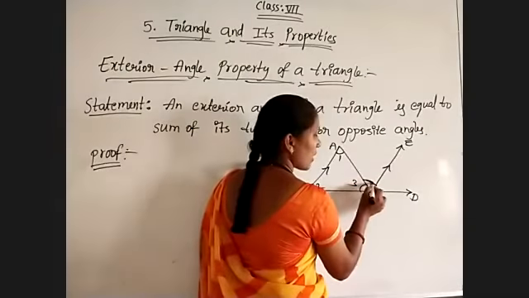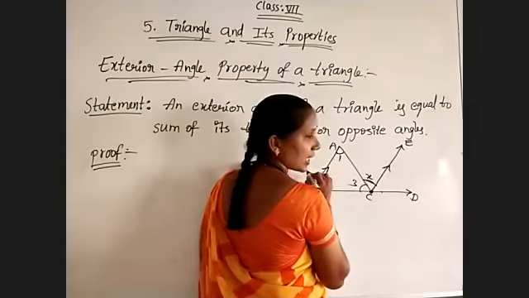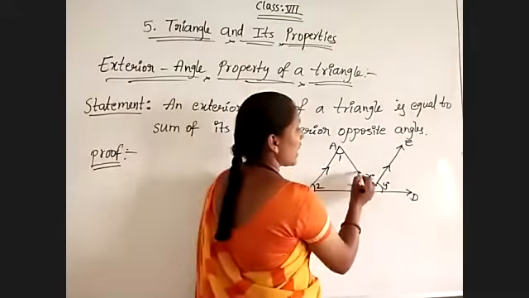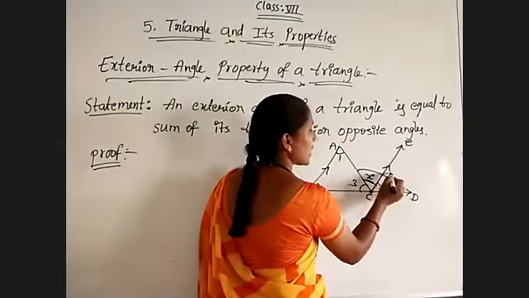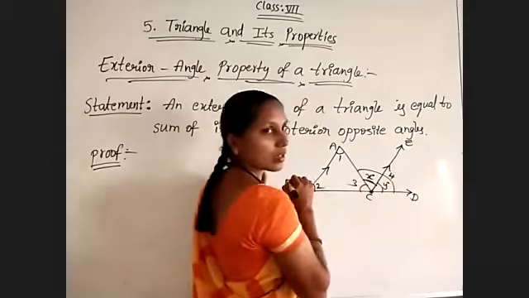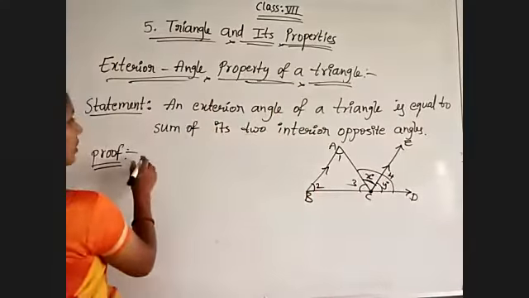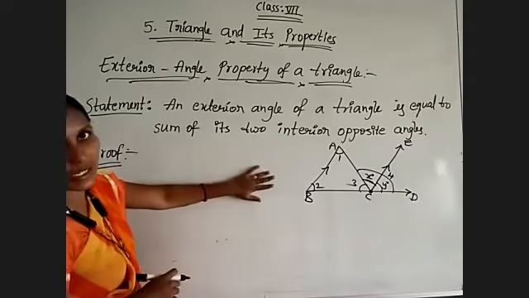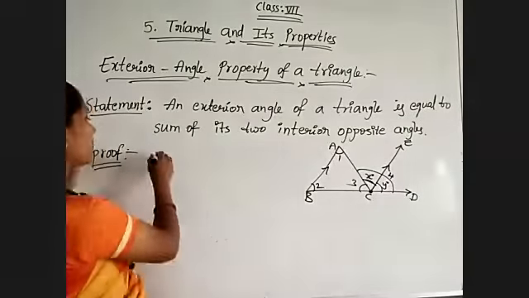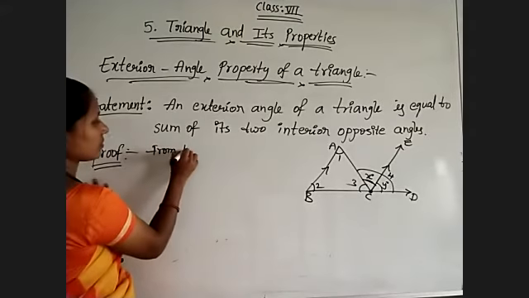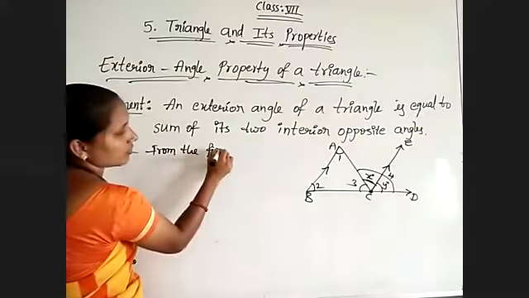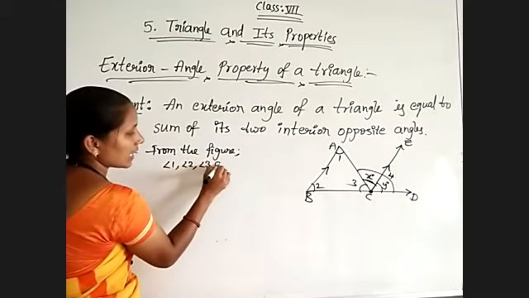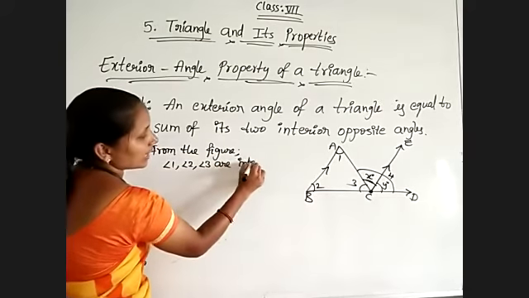One of the parts I am taking as X, the other part I am taking as Y, and the sum of these two angles I am taking as angle 4. So from the figure, to prove the exterior angle property, I am choosing the construction like that. Angle 1, angle 2, angle 3 are the interior angles of triangle ABC.